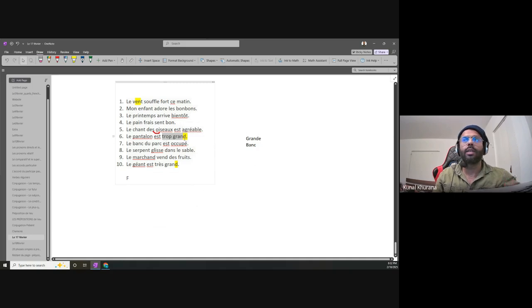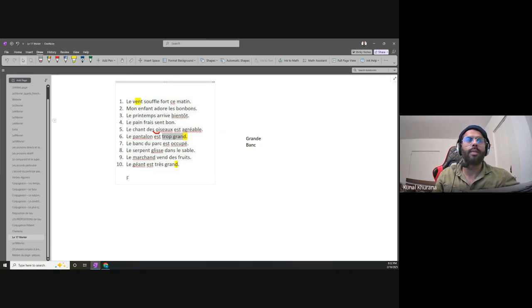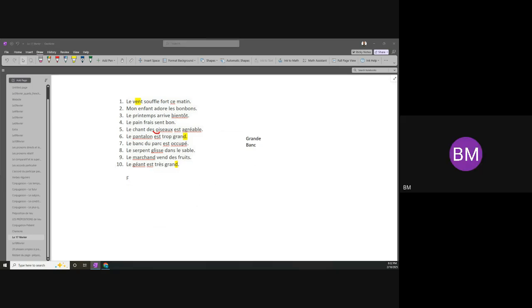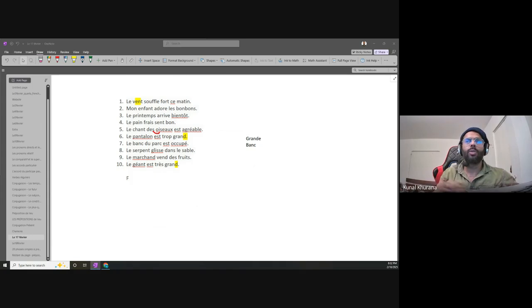Donc, si vous me dites c'est trop grande, ça va vouloir dire que c'est un féminin. Alors, dans ce cas, c'est pas vrai. C'est un masculin, le pantalon. Pantalon est masculin. Même chose, le géant est un mot masculin. Alors, lorsque vous allez dire un mot masculin, l'adjectif qui va le qualifier va être aussi masculin.